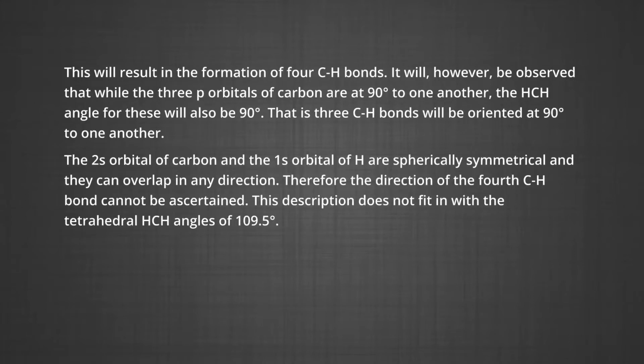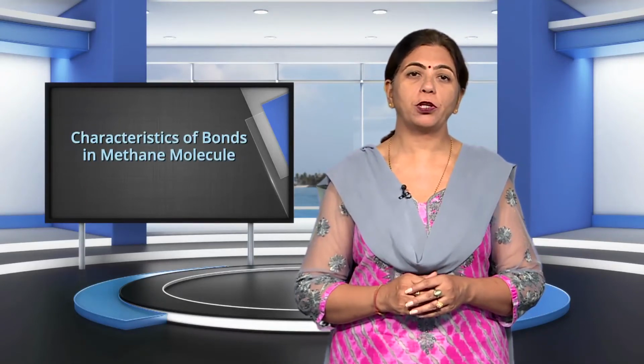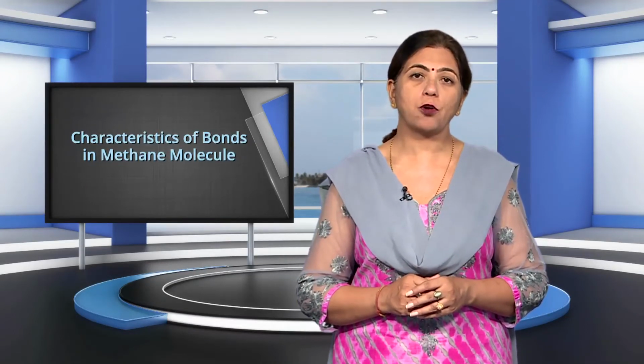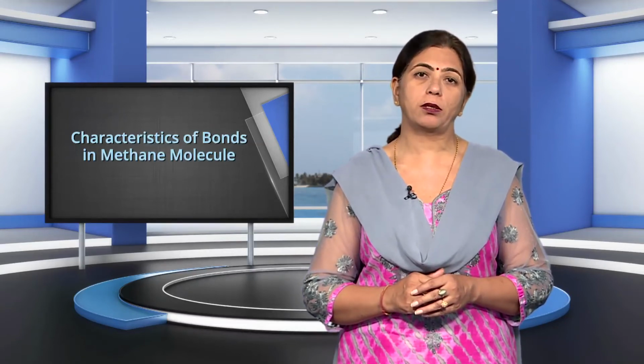Therefore, the direction of the 4th C-H bond cannot be ascertained. This description does not fit with the tetrahedral HCH angle of 109.5 degrees. Clearly, it follows that simple atomic orbital overlap does not account for the directional characteristics of the bonds in methane.